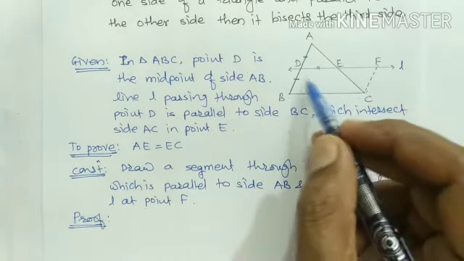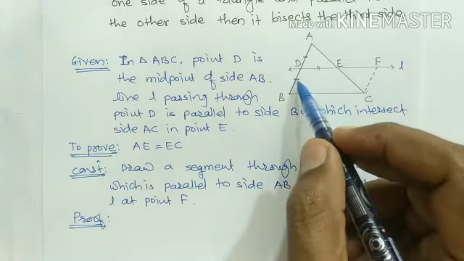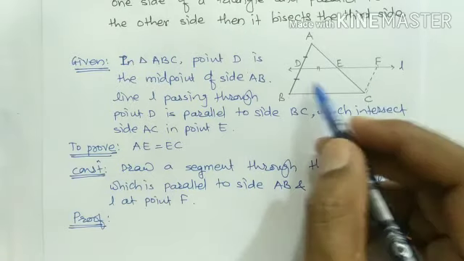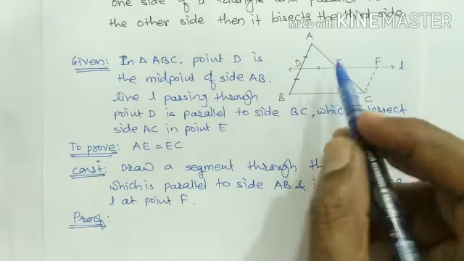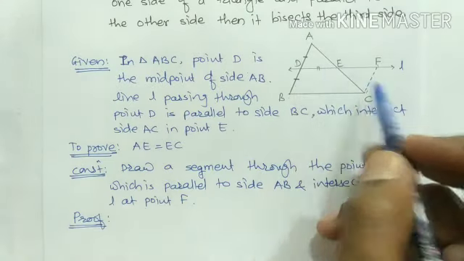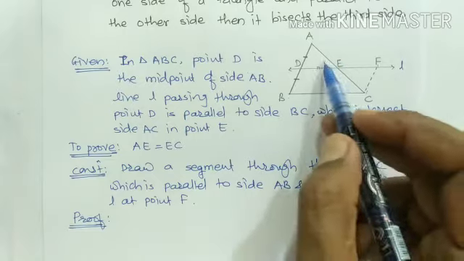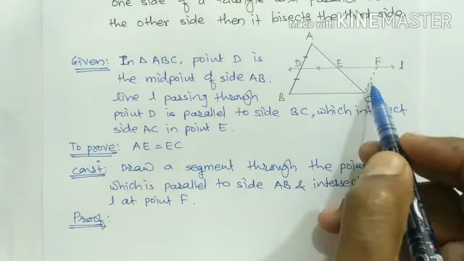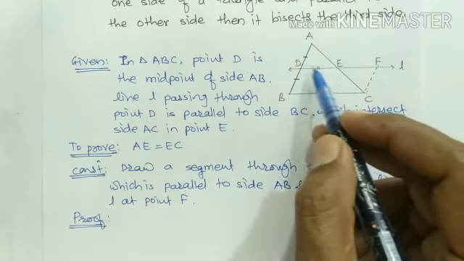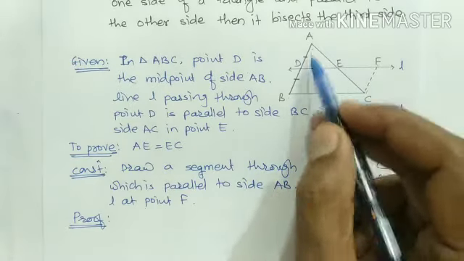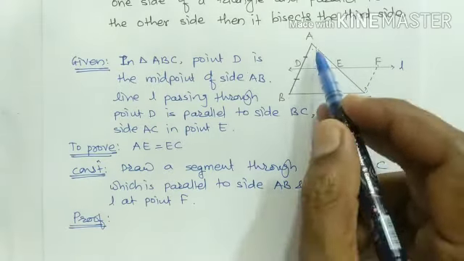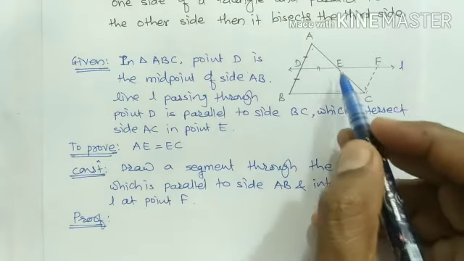As this is a parallelogram, BD equals CF, these are the opposite sides of a parallelogram. But it is given that BD equals AD, and therefore AD equals CF. Now in these two triangles, side AD is congruent to side CF, we have just proved that, and if we give it a number, we can write from 1. Then angle DAE is congruent to angle FCE, because these are the alternate angles formed on these two parallel lines.